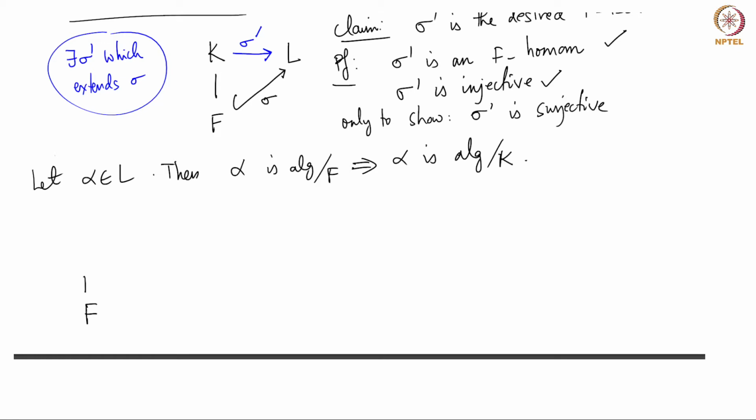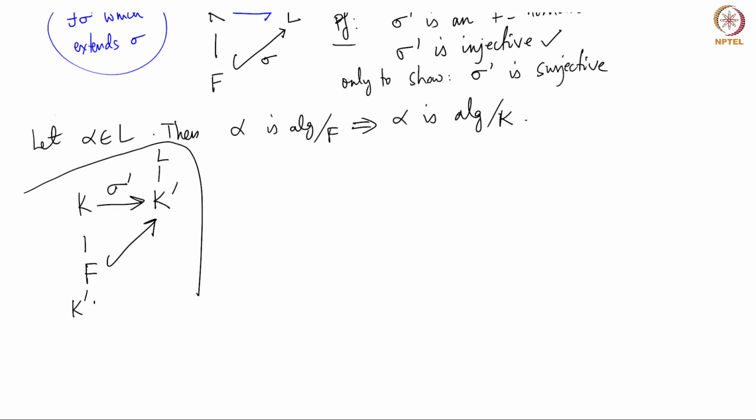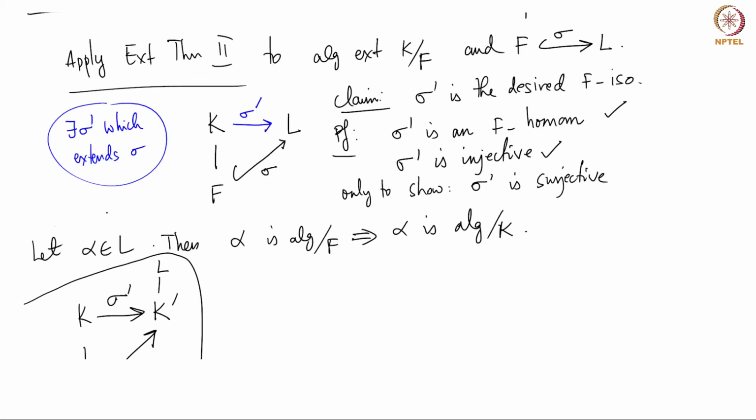We have F, K, and sigma prime takes K to K prime, which is in L. K prime is the image of sigma prime, so K prime is equal to sigma prime of K. We want K prime equals L. That is my goal, but a priori maybe K prime is a smaller field than L. It is simply the image of the map sigma prime that exists by the extension theorem.